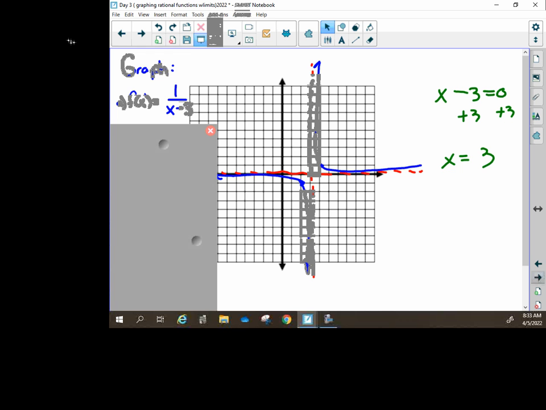Is that 4? 1, 2, 3, no, that's 3. Okay, there's my new graph. So that's all this thing did right here, was take that function and move it.